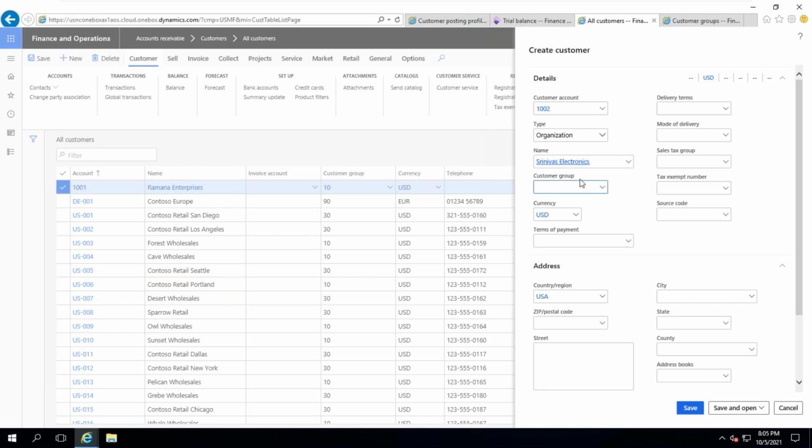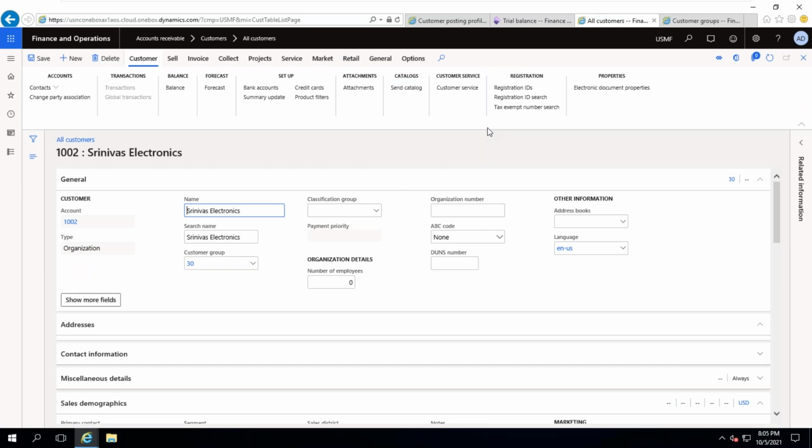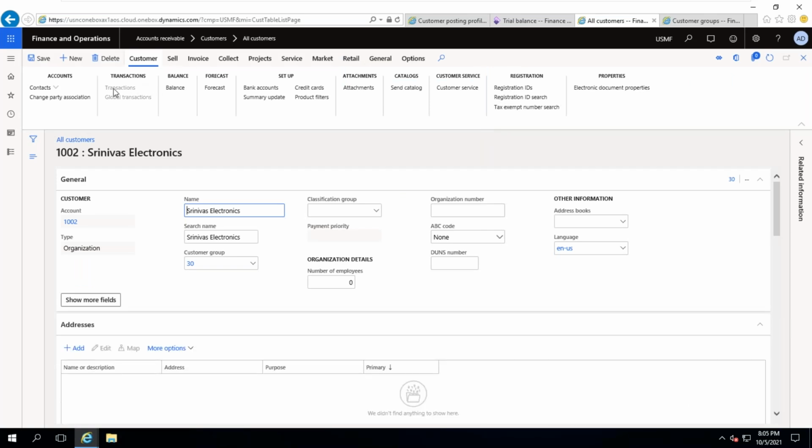Something I'm creating, and I'm mapping the group 30, and I'm saving this file. So 1002 Srinivas Electronics, we have just created, and there are no transactions, and the balance, if you verify, is 0.